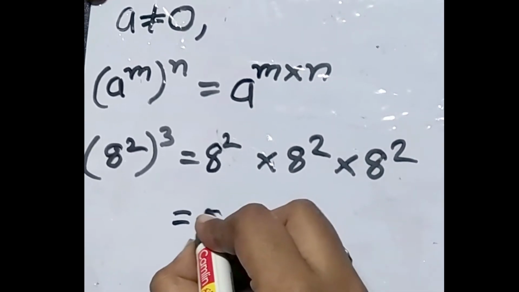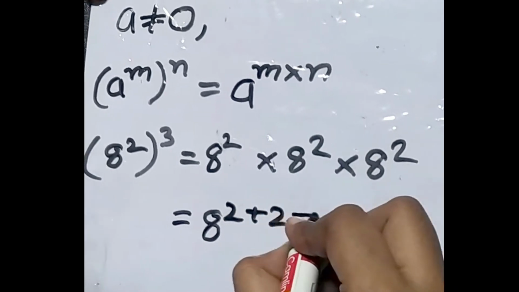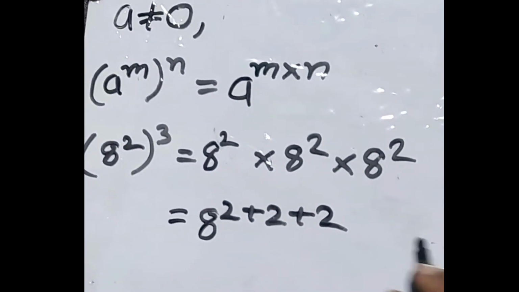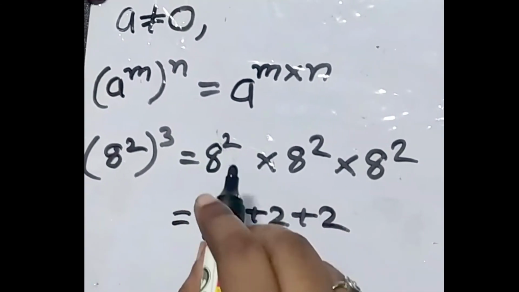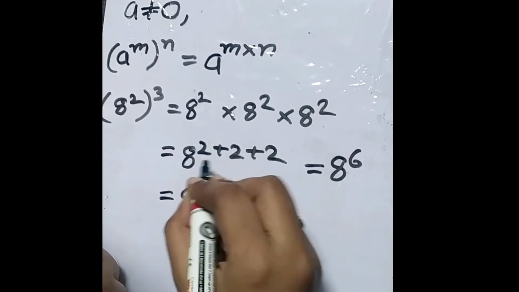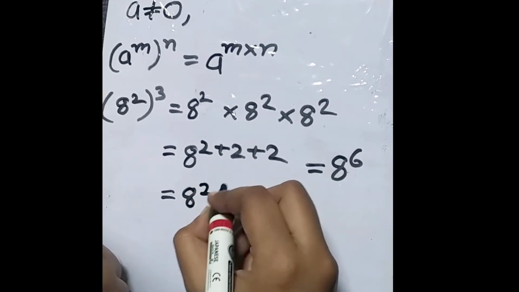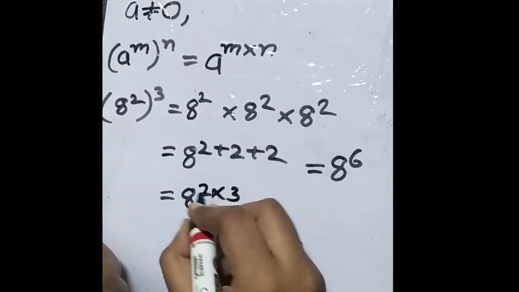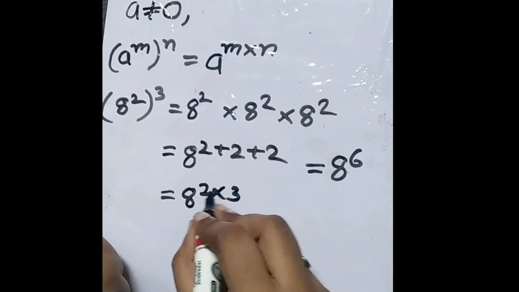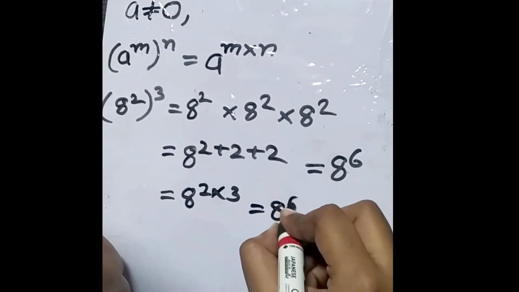So 8 raised to 2 plus 2 plus 2. We are adding 2, 3 times, so that means 2 into 3. 2 into 3 is 6, so 8 raised to 6.